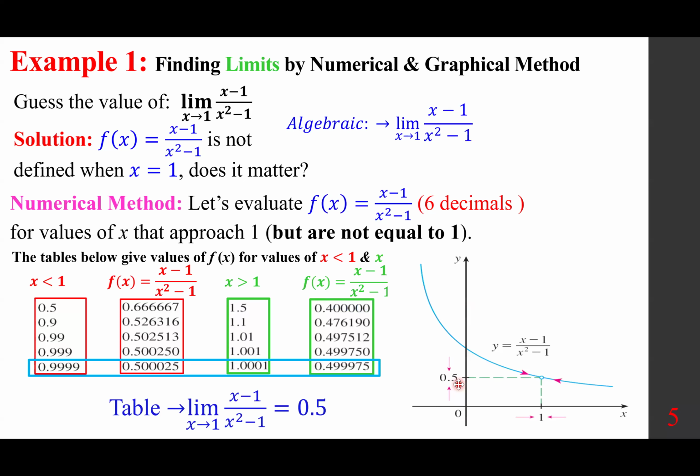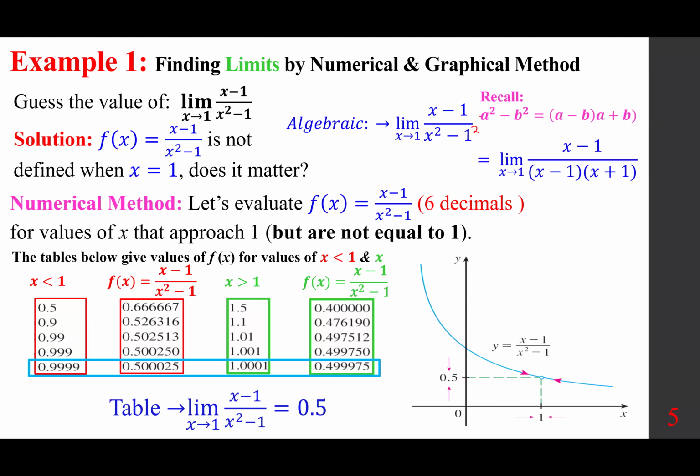Finally, the algebraic or analytical method is to simplify the rational function, because if you plug in, you get 0 over 0, which is an indeterminate form. The methodology is to factor. The denominator is x squared minus 1, and a squared minus b squared is a minus b times a plus b.